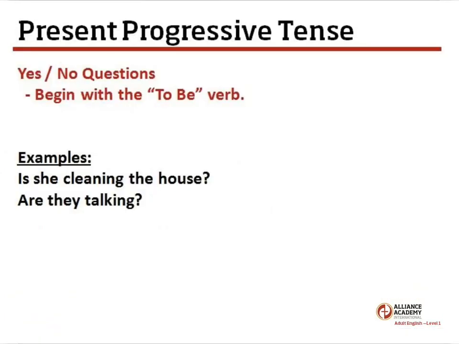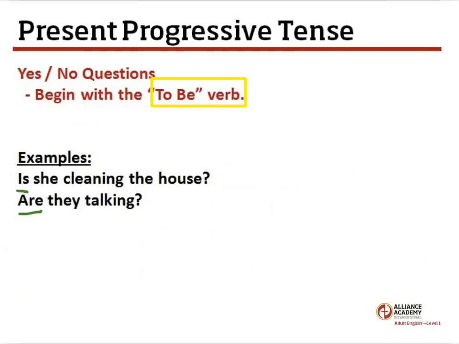Yes/no questions. If we're making a question that has a yes or no answer, we need to begin the yes/no question with the to be verb. So here's an example. Is she cleaning the house? Yes or no, she isn't. Are they talking?